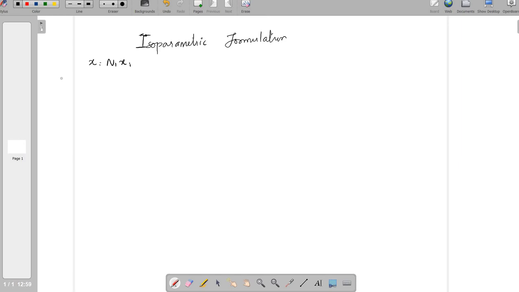So the isoparametric formulation is used to represent the curved boundaries.